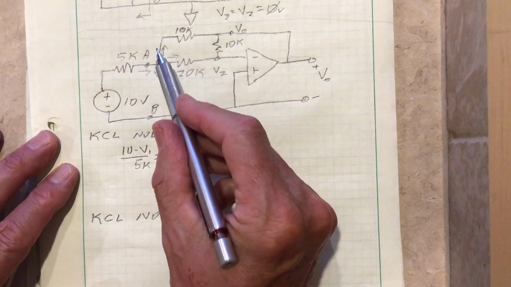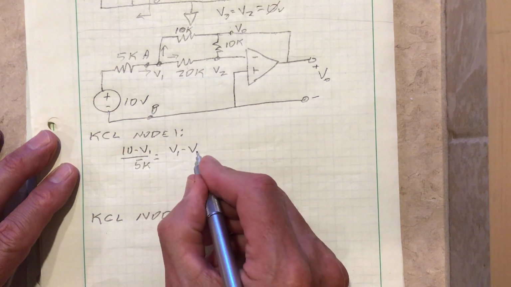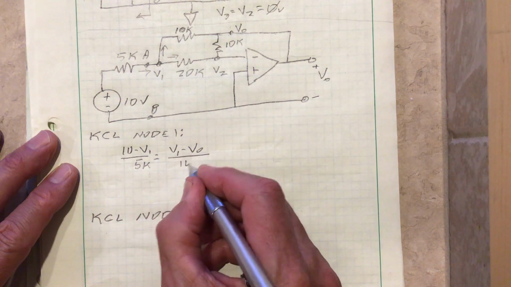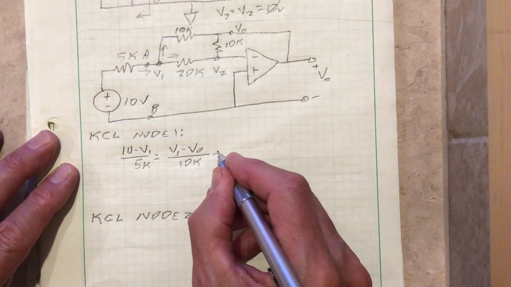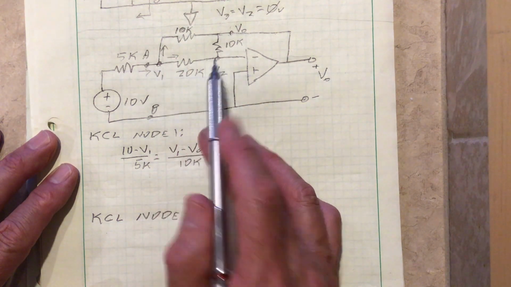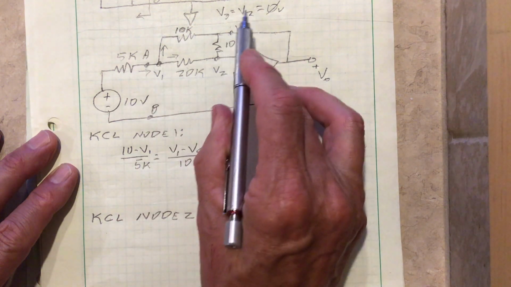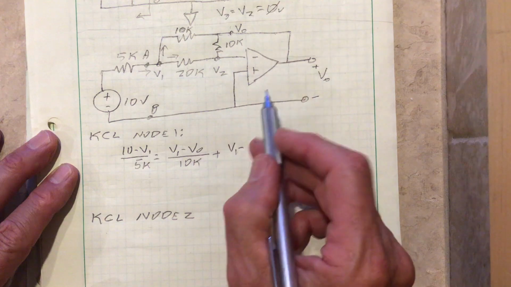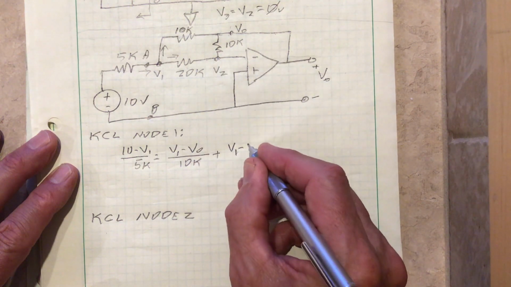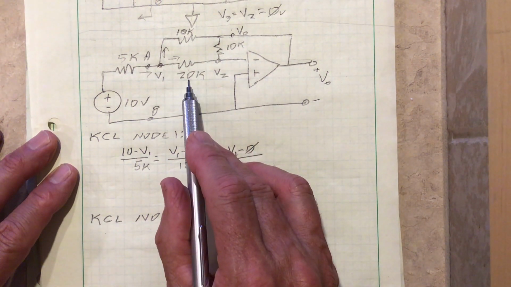So we have (V1 minus V out) all over that 10K resistor plus (V1 minus V2). Now V2 we know is 0 volts, okay? We have 0 volts here, so it'd be (V1 minus 0), and that's my V2, all over 20K.